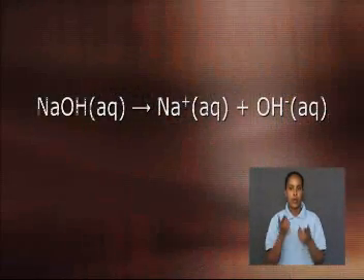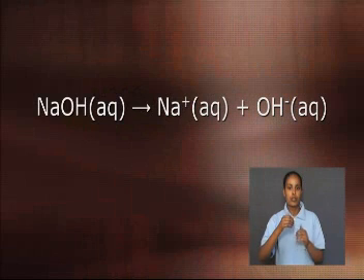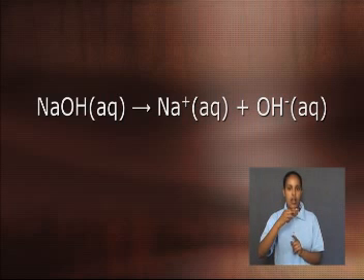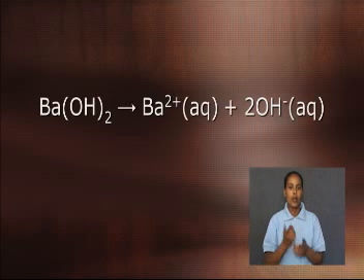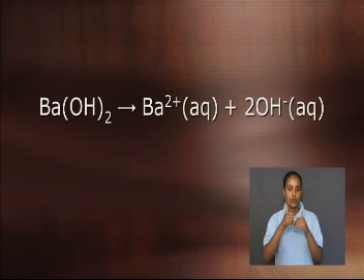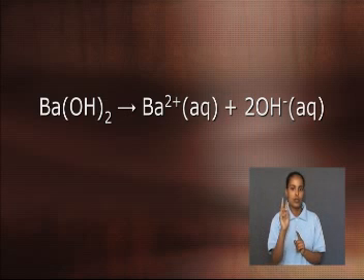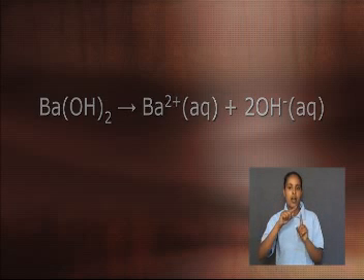Let us look at a couple of examples. When sodium hydroxide dissociates, it forms sodium plus and hydroxide ion. When barium hydroxide dissociates, it forms barium 2 plus and 2 hydroxide ions.